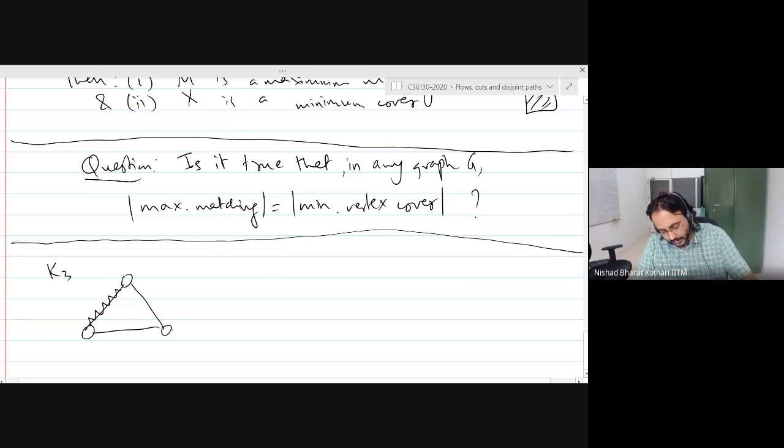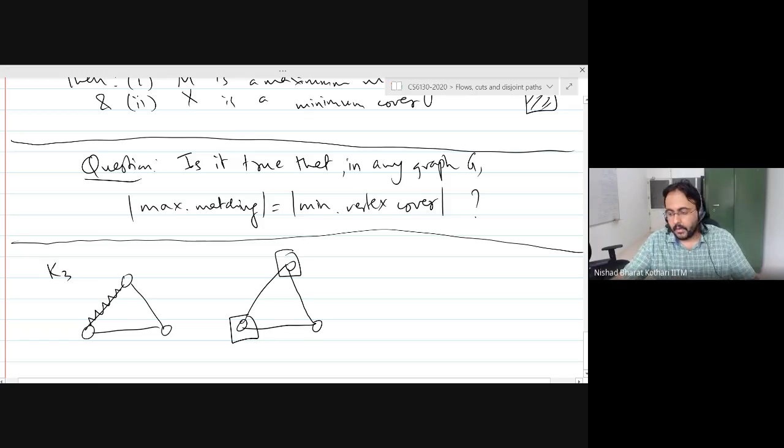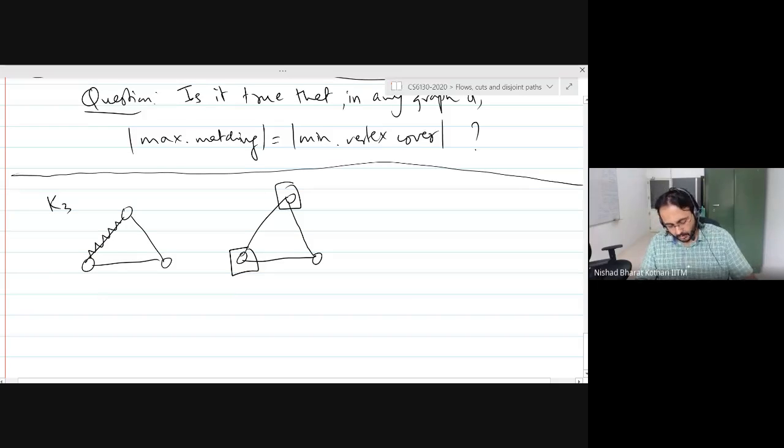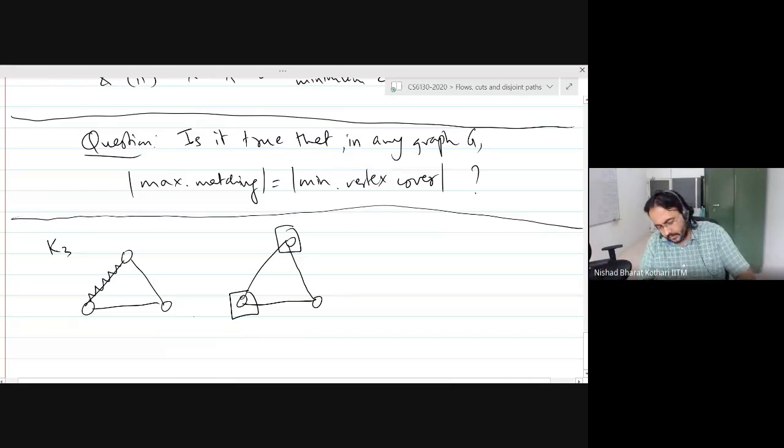And what is the size of a minimum cover? 2. Exactly. Okay, good. Thanks. So the maximum matching is size 1 here and the minimum cover is size 2. So, well, the answer is no.